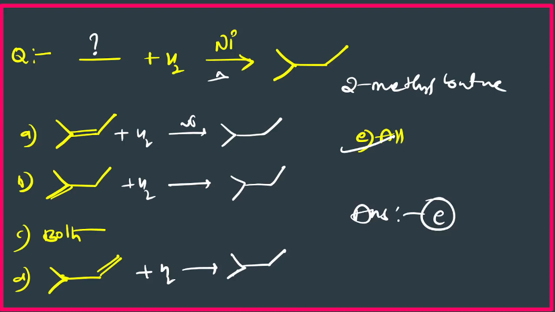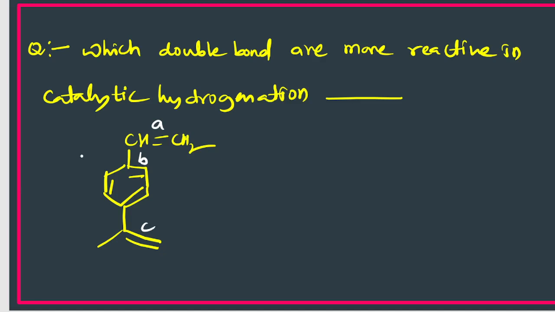Let's look at the next question. Which double bonds are more reactive in catalytic hydrogenation? There are options A, B and C, one of them cyclic. Less substituted double bonds are more reactive.